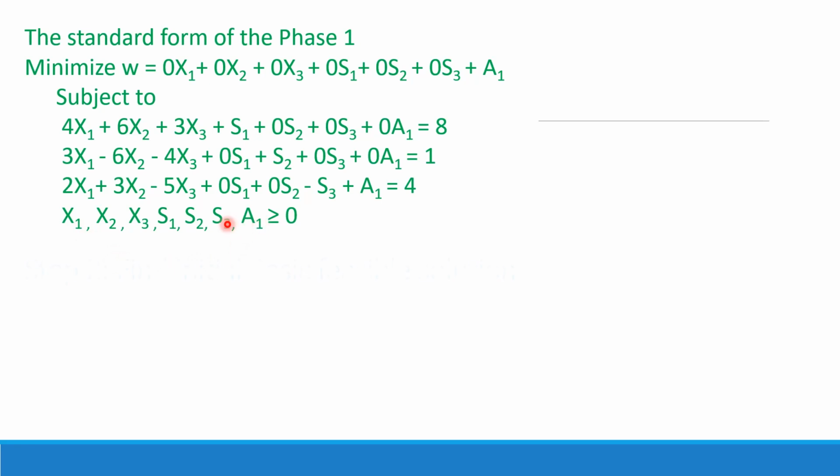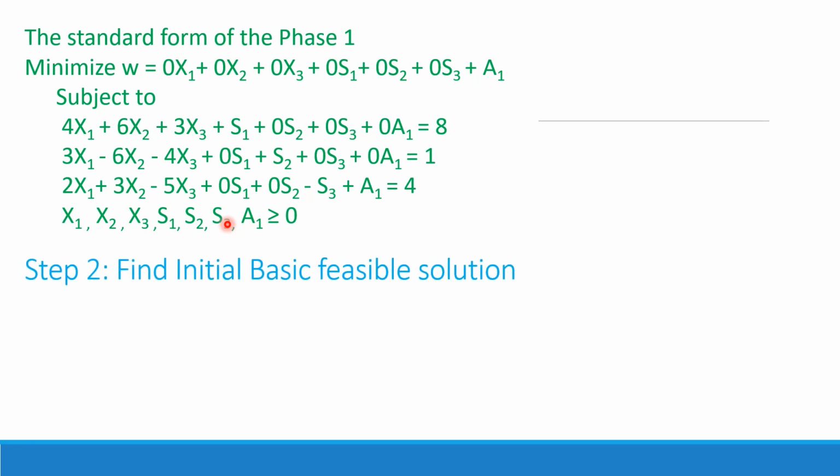Now we'll find the initial basic feasible solution by putting some of the variables equal to 0.